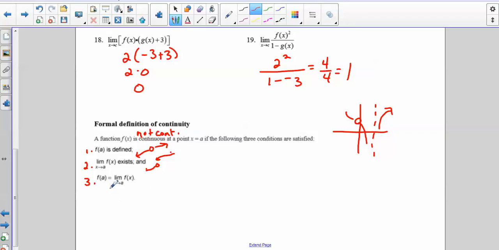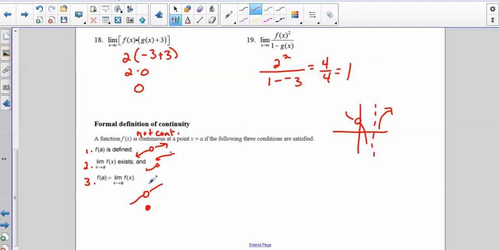And in part 3, it's possible for the function to be defined and the limit to exist, but they're just not the same values. So that might be if you have a hole in your function and it's defined somewhere else. So here's your defined value, here's your limit, they're not the same number, so the function's still not continuous.